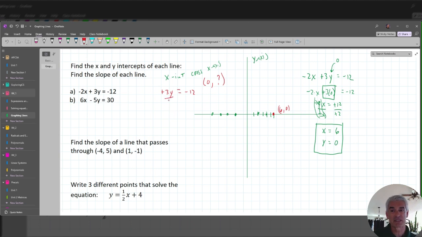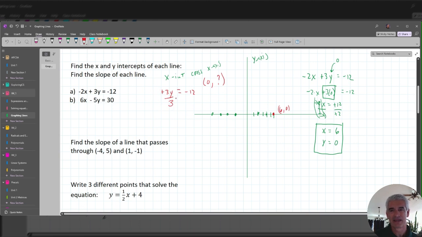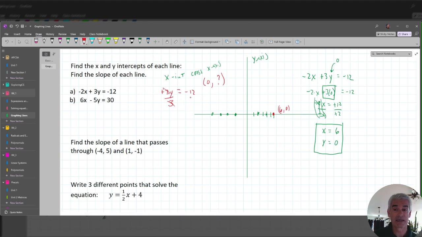So I'm going to divide both sides by positive 3, because 3 times y divided by 3, 3 divided by 3 is 1. I get 1y. Now, we normally don't do that. We just say, oh, let's just cancel. But what you're doing is replacing the 3 over 3 with 1 times y. So I divided the left side by 3, and I need to divide the right side by 3.